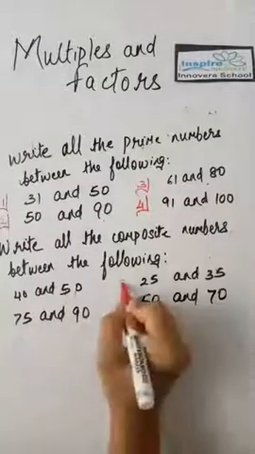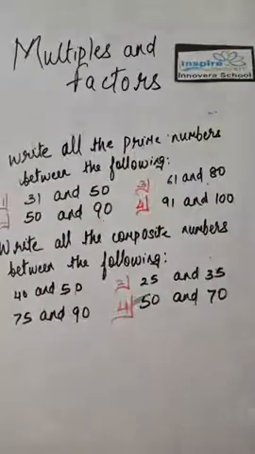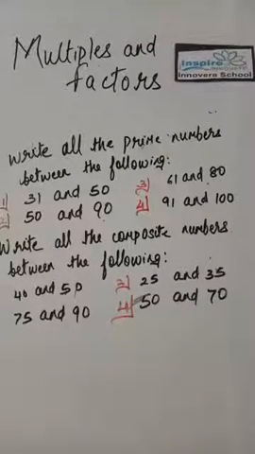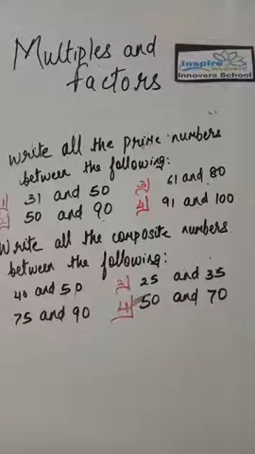So write all the prime numbers between the following and write all the composite numbers between the following, which I have given you right now on the screen. You are going to do this in the notebook and send it to me on my WhatsApp number. So keep on practicing.